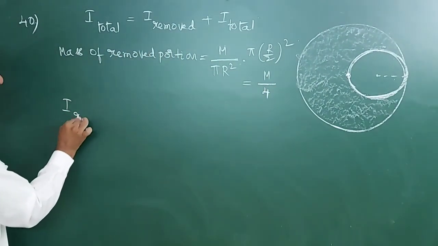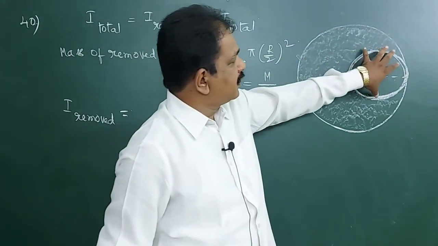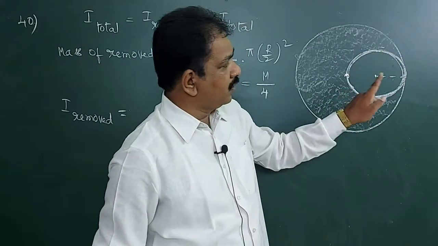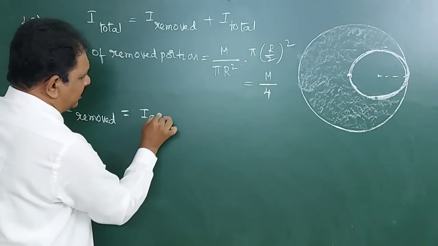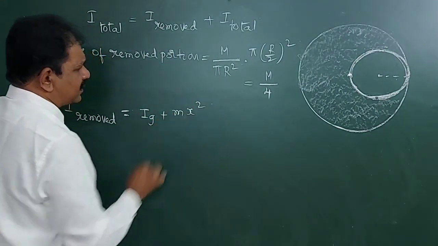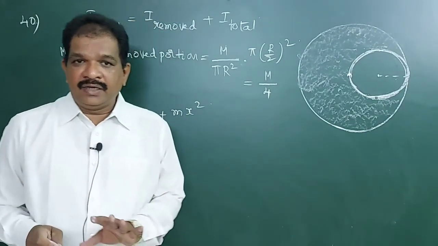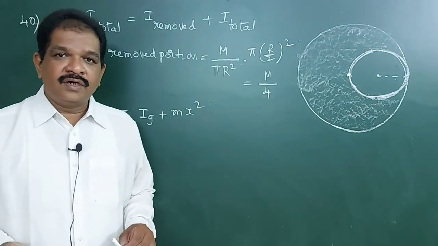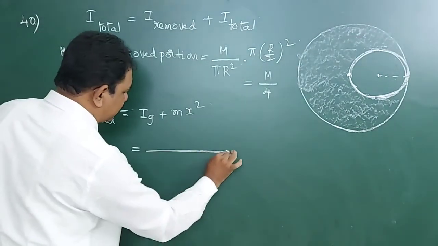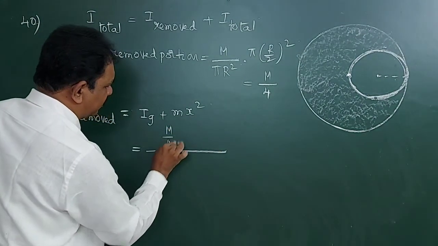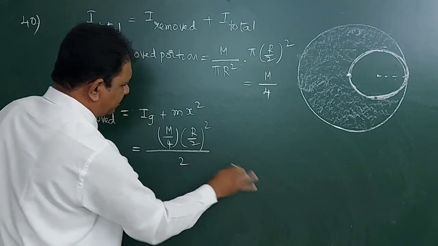Then I removed, how much? This circular disk's moment of inertia about this axis. This is the Ig plus m x square formula. Ig, if mass is m and radius is r, moment of inertia will be mr square by 2 for the disk. Here mass is m by 4, radius will be r by 2, whole square by 2.